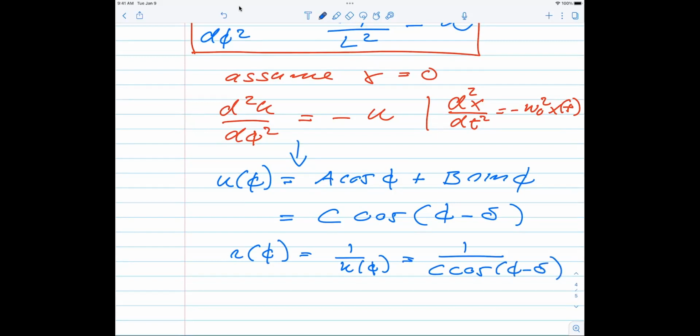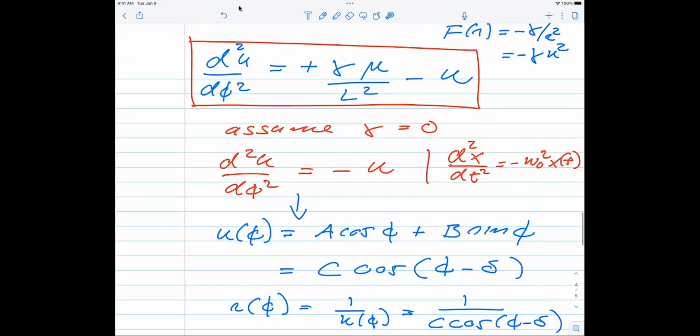But then we have an additional term here. So what we're going to do now is to look at the constant term, which is this term here.